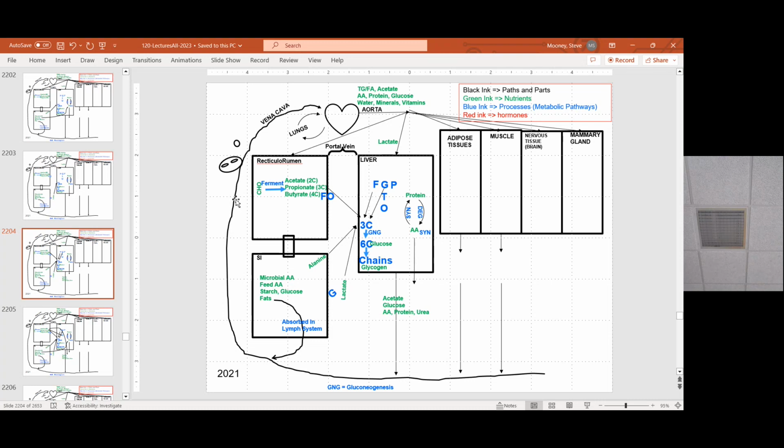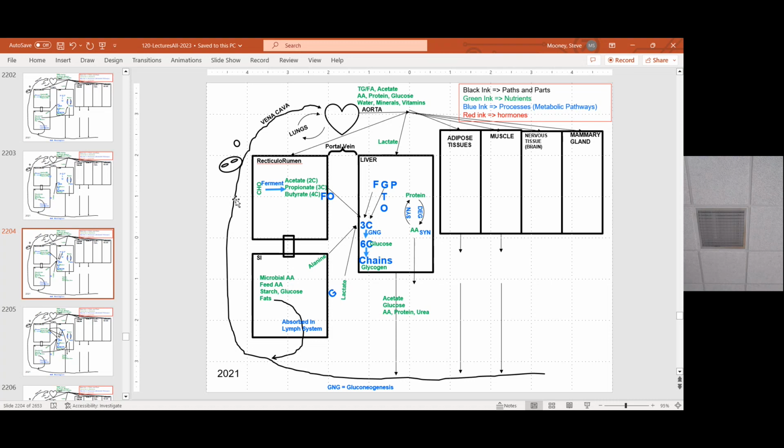So those are our 5 3 carbon units that we can use to make glucose. Lactate, alanine, propionate, glycerol, and pyruvate. Everybody see where those 5 3 carbon units come from to make glucose?